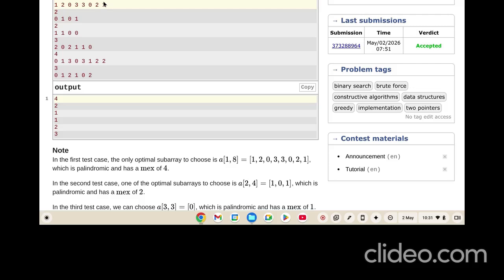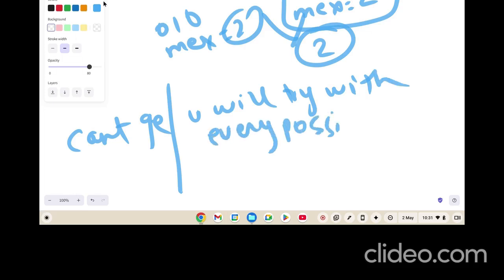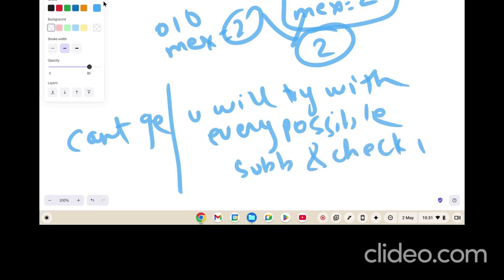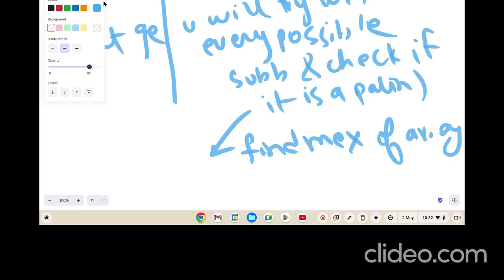You will try with every subarray, every possible subarray, right? And check if it is a palindrome or not. And if it is a palindrome, then you will try to find the max of that array, and out of those, you will try to find the maximum one, right?